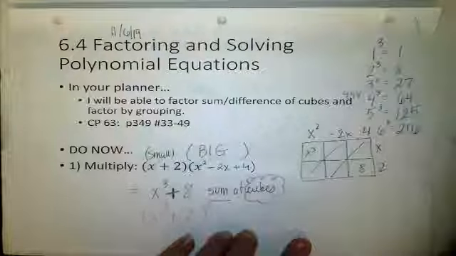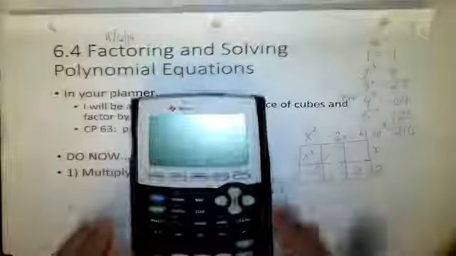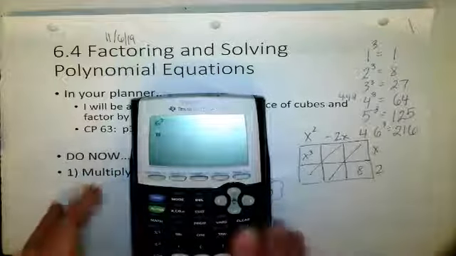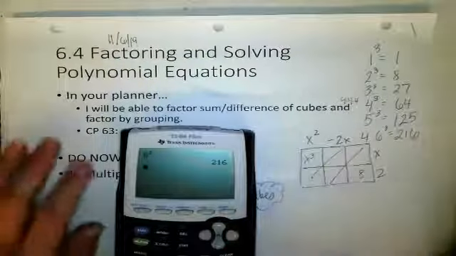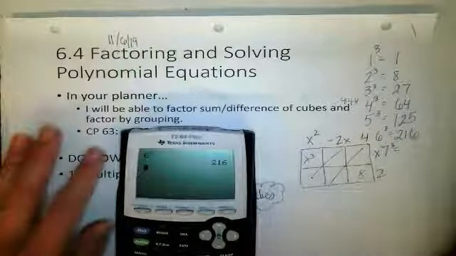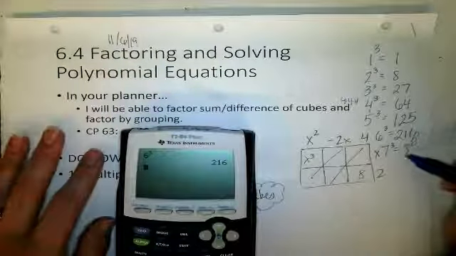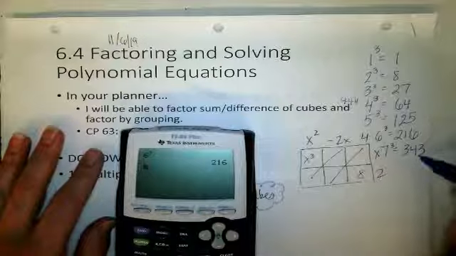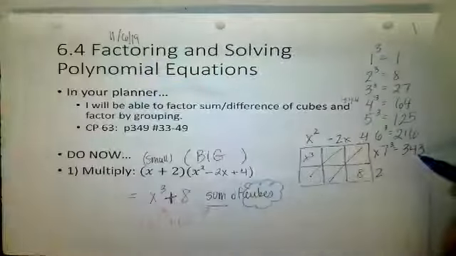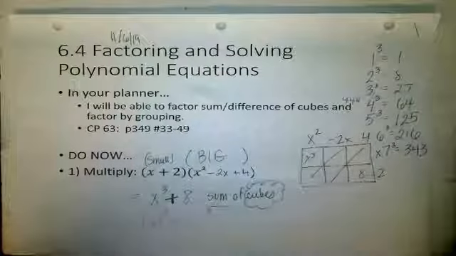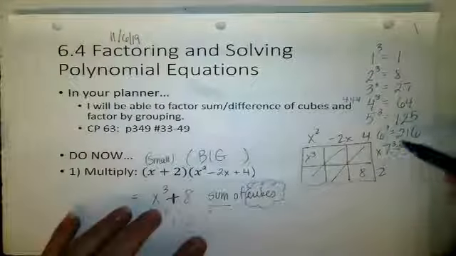All right, 6 cubed is 216. And again, if you don't know these, you have calculators, ladies and gentlemen. 7 cubed, my personal favorite, is 343. The only reason I remember this one is because 3 and 4 is 7. 3, 4, 3.